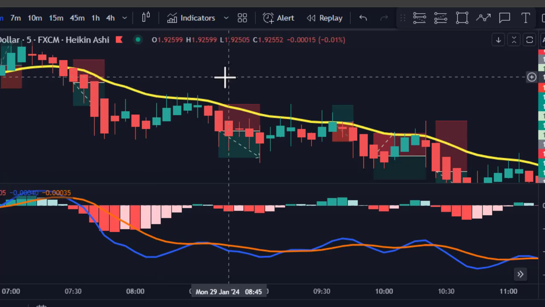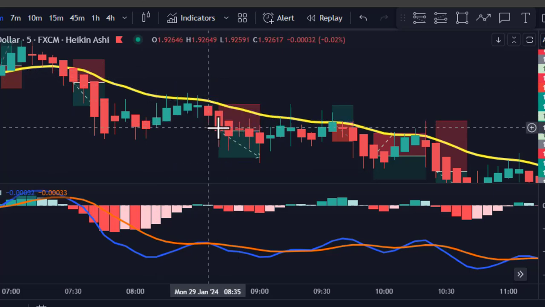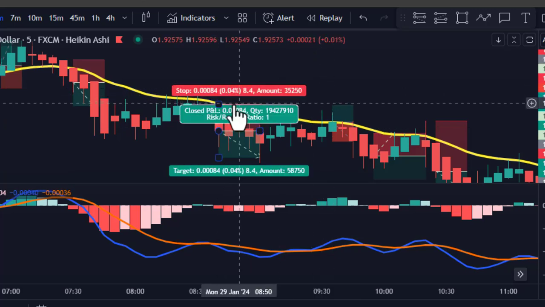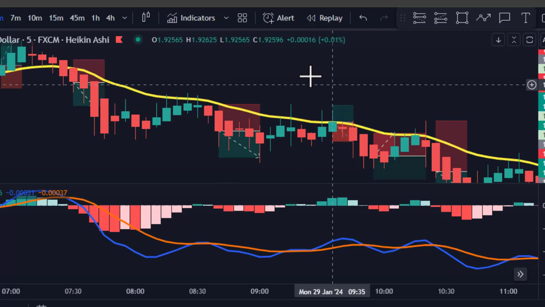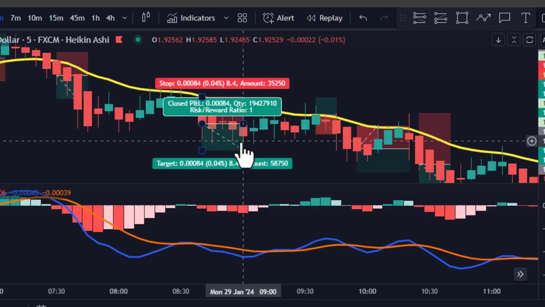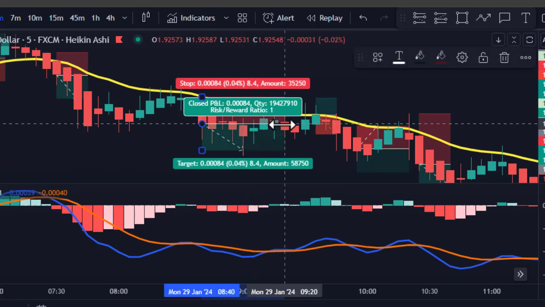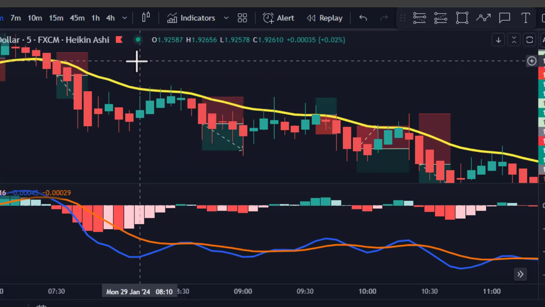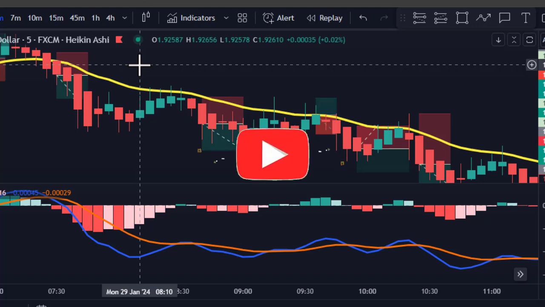Would you enter ASAP so you could calculate everything? Let's say your stop loss is going to be over there, so you'd be fine to hit your TP over here before probably getting stopped out on this one. You just have to be that fast. That's the downside of this strategy and scalping overall, because you have to be really fast in most cases. Yeah, guys, that was the strategy using doji candles and the 20 EMA.